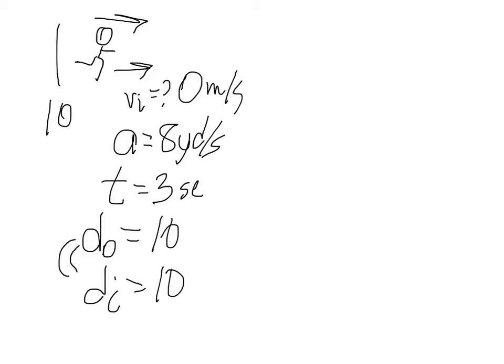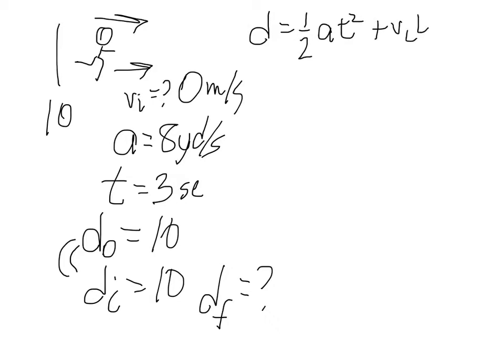So now we're hunting final. Where are we at in the end? There's only one equation that does that, and that's distance is equal to 1/2 AT squared plus VIT plus DI. We know this is 0.